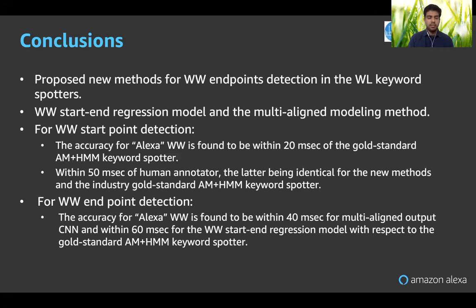And also the endpoint detection was within 50 milliseconds. The interesting thing here is when we compared with the human annotated data, we saw that it's on par with the gold standard two-stage model. So that is a summary of this work and the improvements which we made.